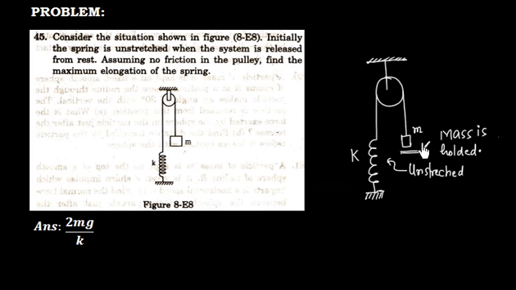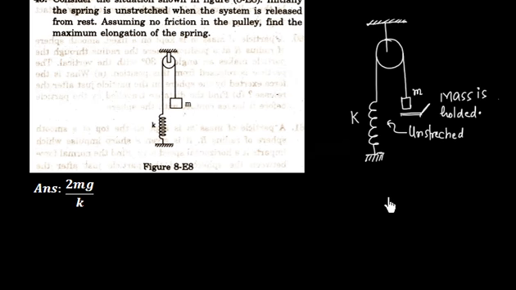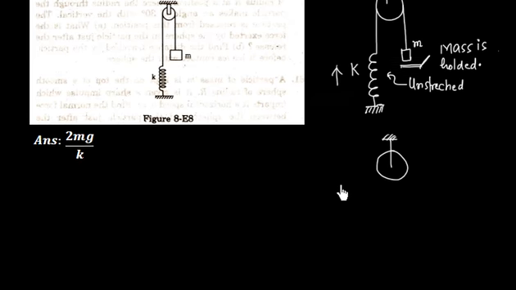Now the person that is holding this mass, if he keeps his hand away, this mass will fall in the downward direction. So if the mass falls in the downward direction, the spring will have a stretching.